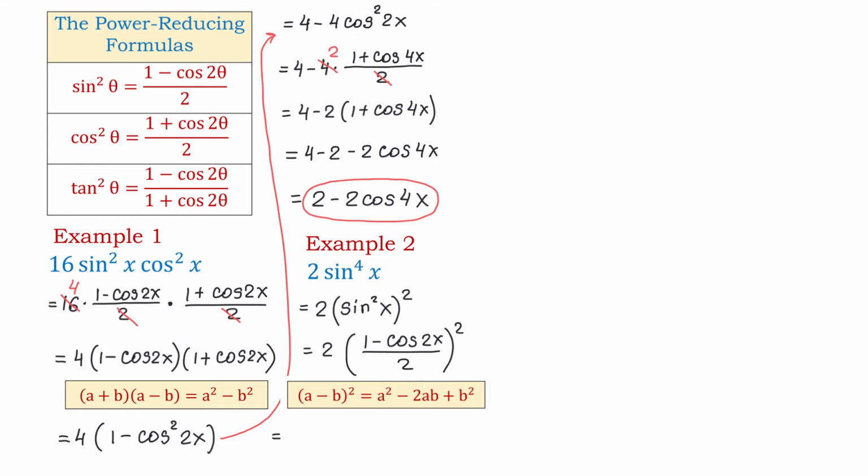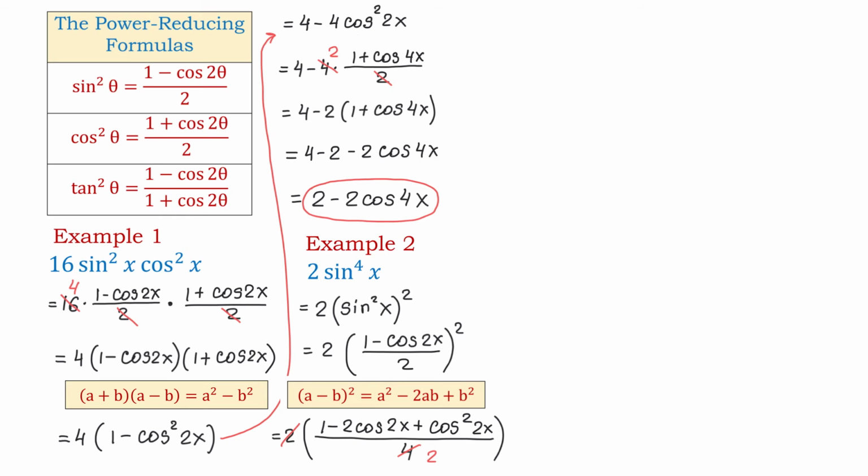So let's bring down 2, then parenthesis, fraction, then 1 minus 2 cosine of 2x plus cosine squared of 2x. And all this over 4, because 2 to the second power equals 4. Now let's divide both 2 and 4 by 2, and this will give us 2 in the denominator.